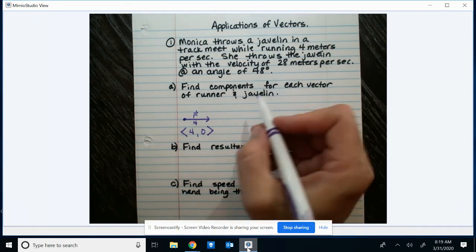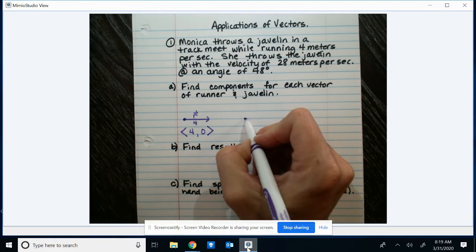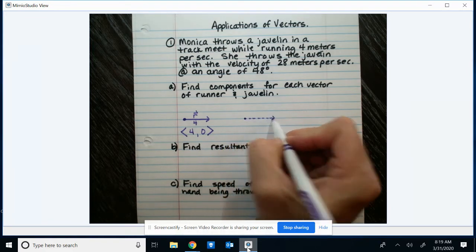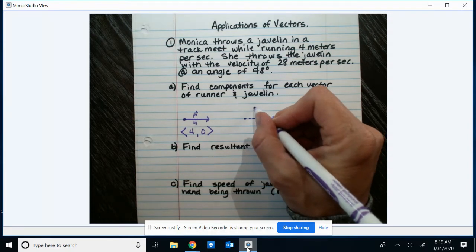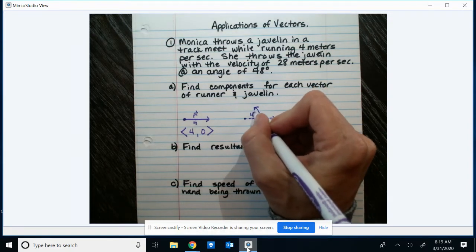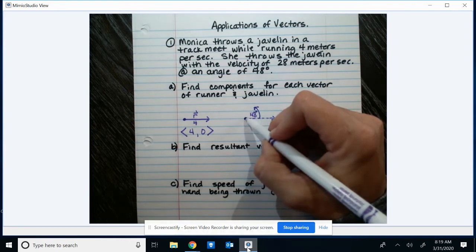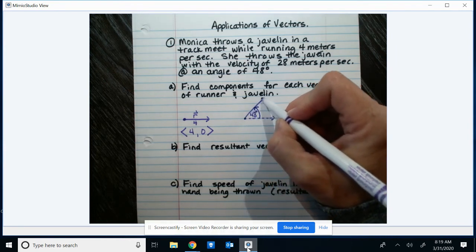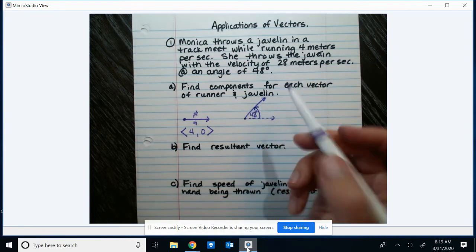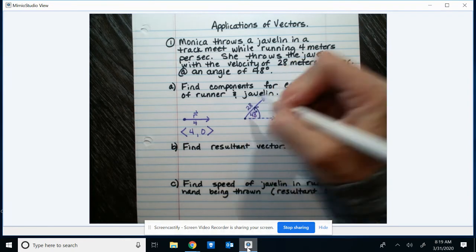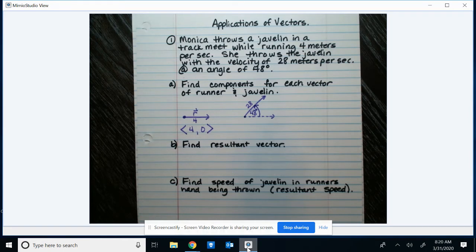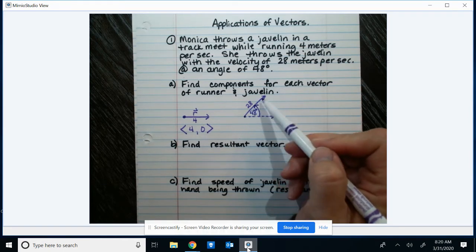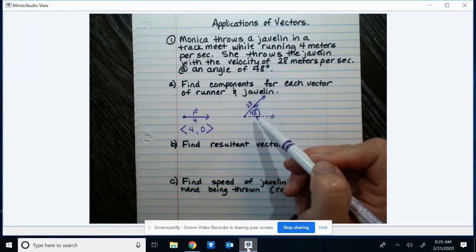For the javelin, if you're comparing it to the ground, this would be the ground, but the javelin is creating an angle of 48 degrees with the ground, and it's being thrown at an angle of 48 degrees at a velocity of 28 meters per second. So what we know about the javelin is we know the velocity and we know the angle.